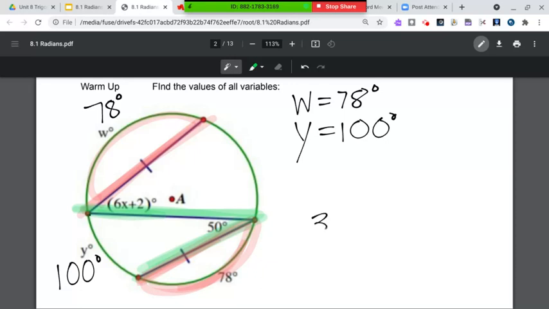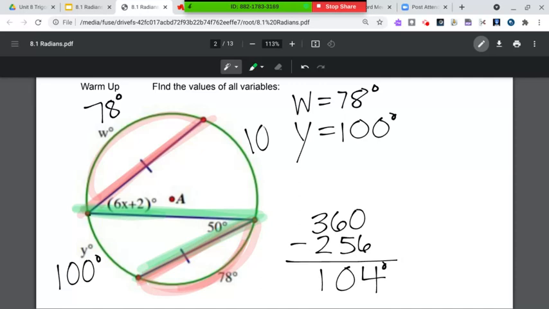Take 360, subtract 256, and it means that the missing arc is what measure? 104. Okay, so if this arc is 104, let me fix that. If this arc is 104, what would this angle then have to be?